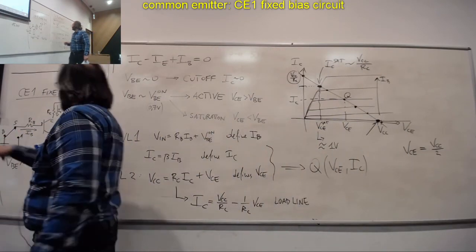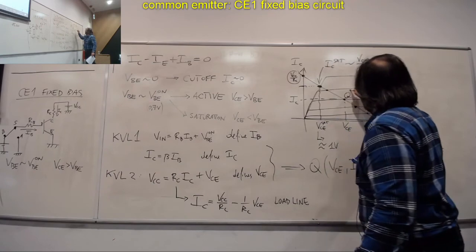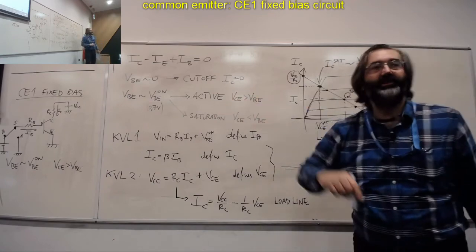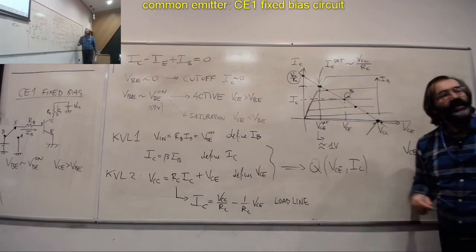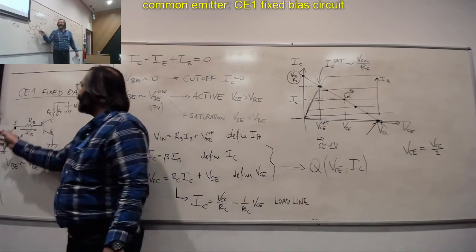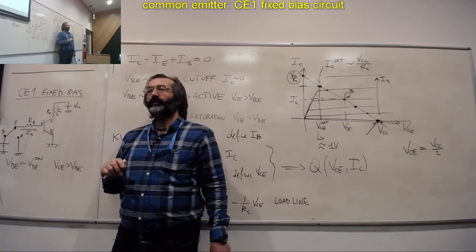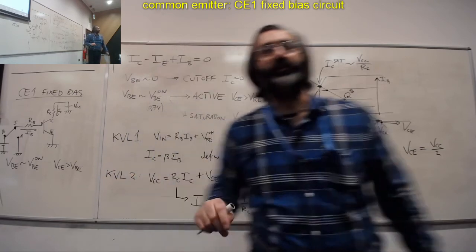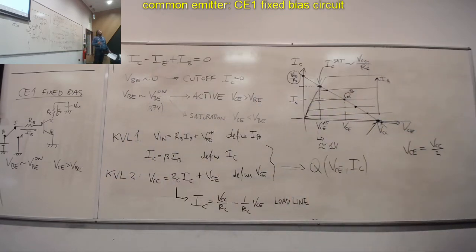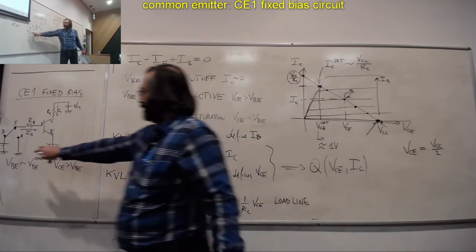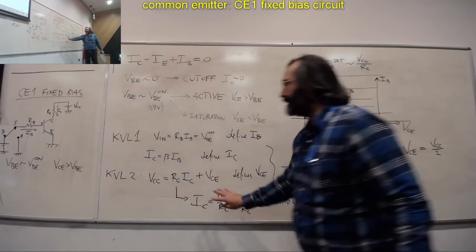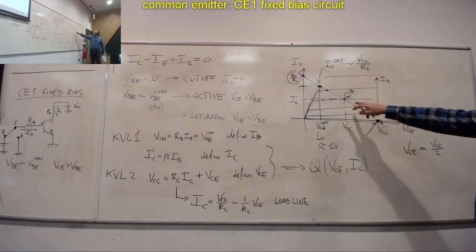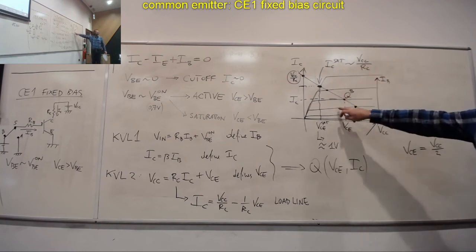So when the switch is in position B, this is Q of B. If I now put the switch in position A, what will happen to the output, to the current in output? So with Vin, we follow this analysis, and we know that the quiescent point is here, in the active regime.